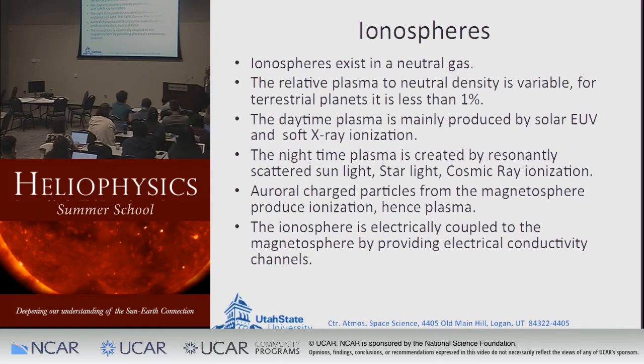The difference between daytime and nighttime, of course, is that at night the sun isn't exactly shining. It's gone away temporarily. But at night, we do have resonantly scattered sunlight. For example, Lyman alpha scatters resonantly from the hydrogen gas that's surrounding the Earth and generates some residual ionization. Starlight most certainly generates a little, as well as the cosmic ray ionization.